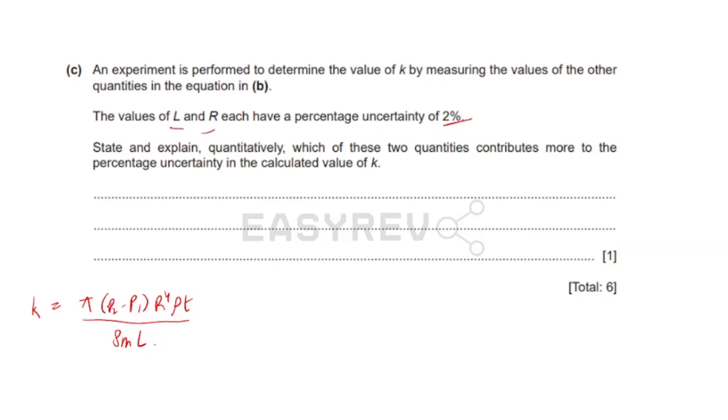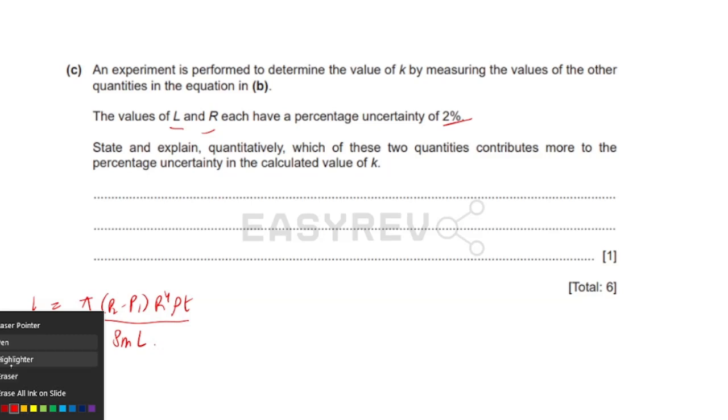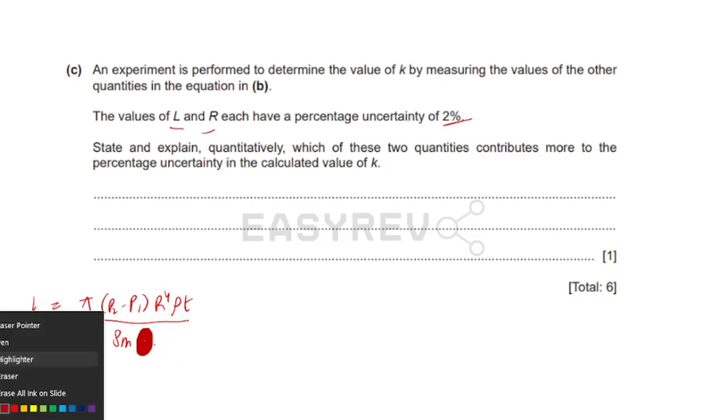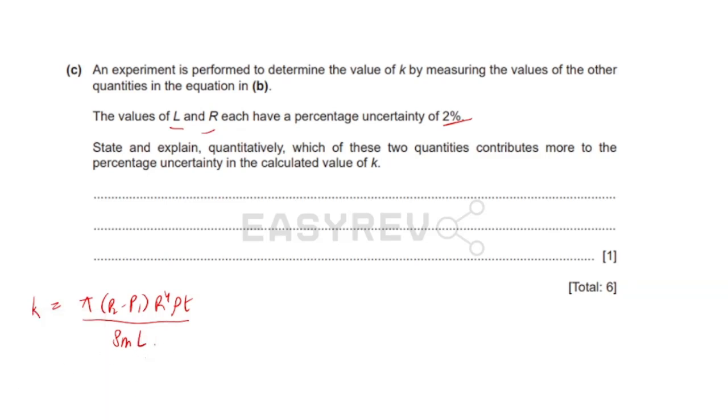So I can ignore the rest for the moment and only focus on L and R. So if I want to express the percentage uncertainty within K, let me write that here. The percentage uncertainty for K in terms of the percentage uncertainties of the length L and radius R would just be an addition of their percentage uncertainties.